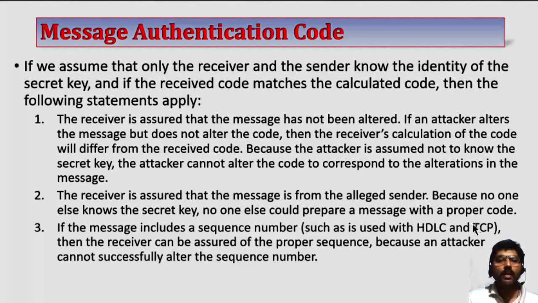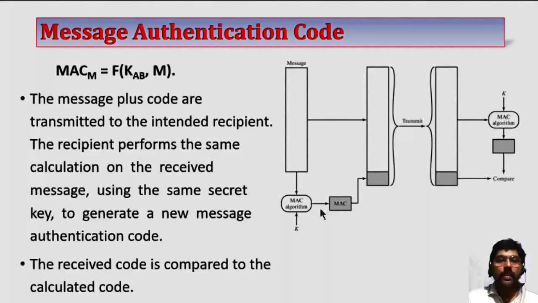The receiver knows that the sequence number is changed because an attacker cannot successfully alter the sequence number. It is identified by the receiver by checking the message authentication code.